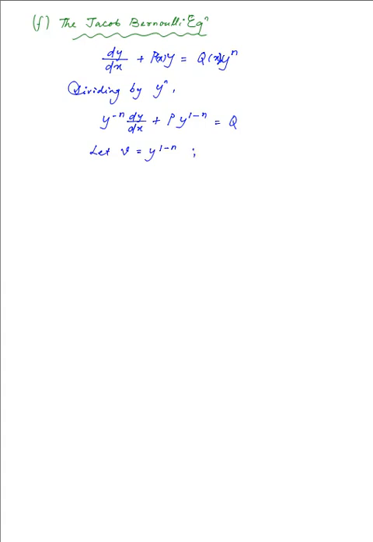Then dv by dx is going to be 1 minus n times y to the power minus n dy by dx, which also gives me y to the power minus n dy by dx equal to 1 divided by 1 minus n times dv by dx.